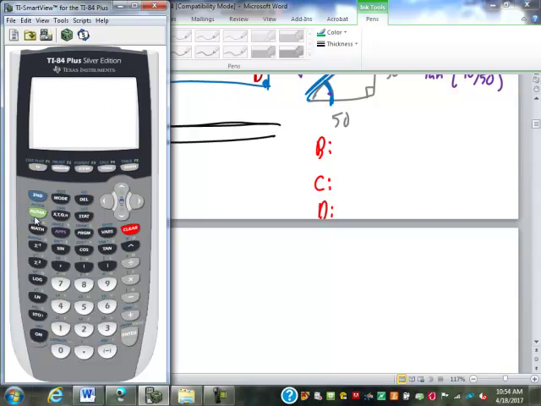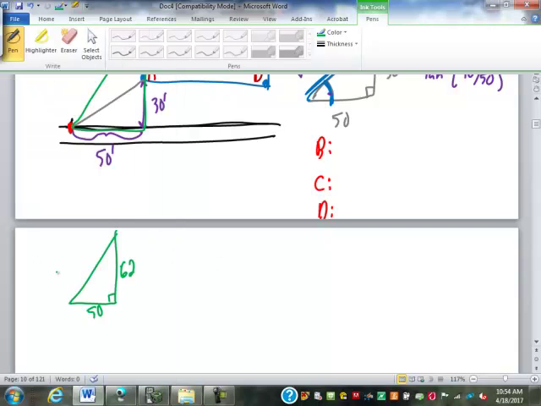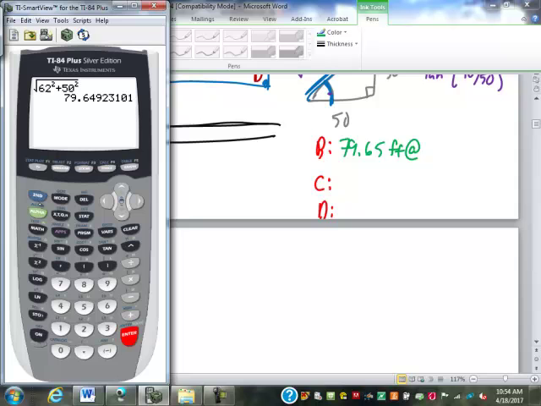Let's try that again. 62 squared plus 50 squared. 79.65 feet at the angle, which is going to be the inverse tangent of 62 over 50. .12.